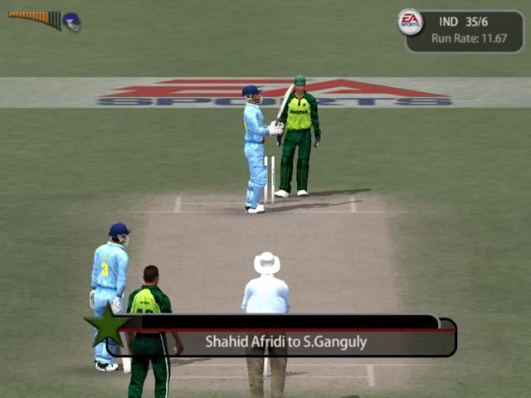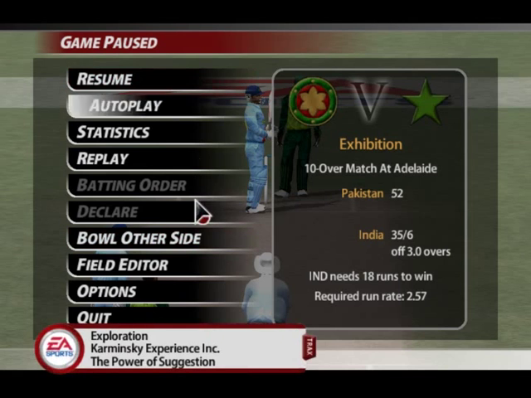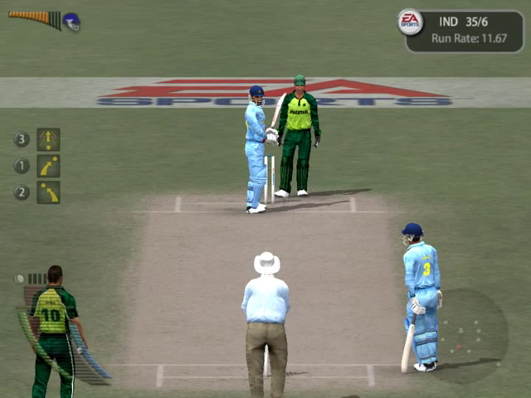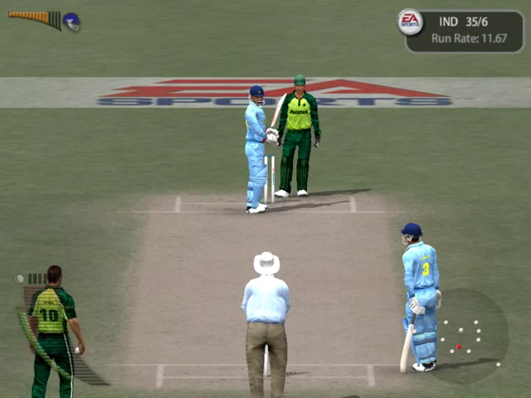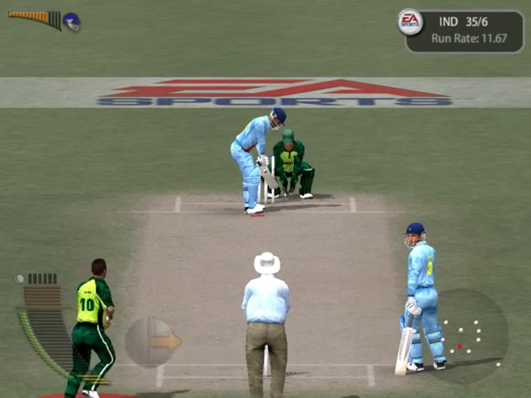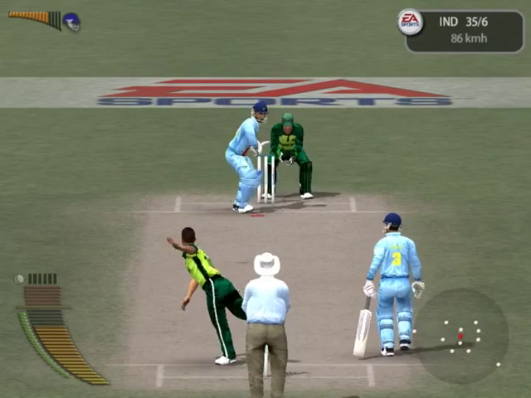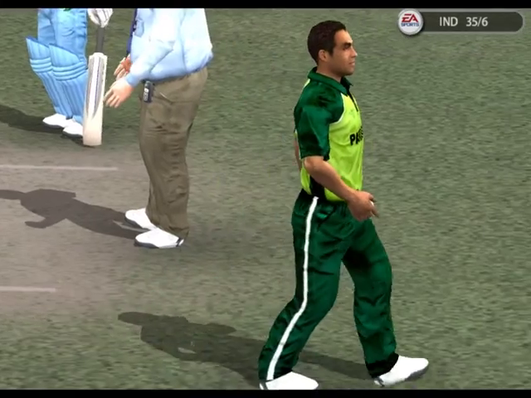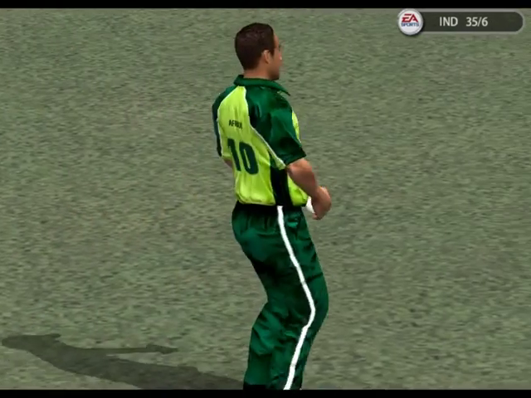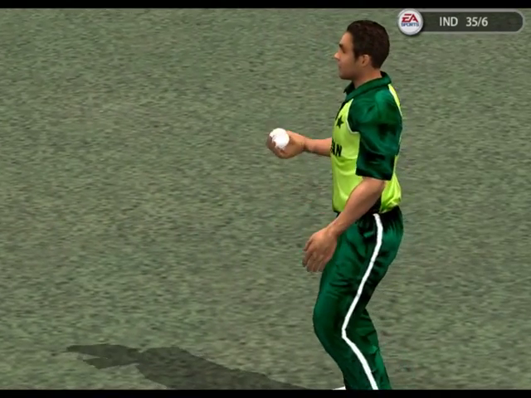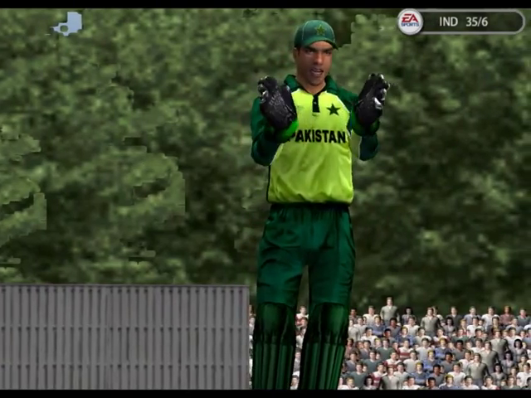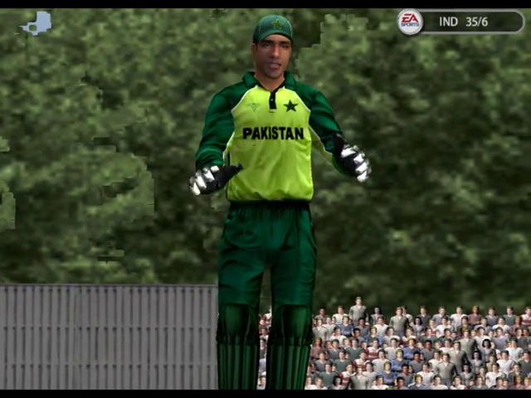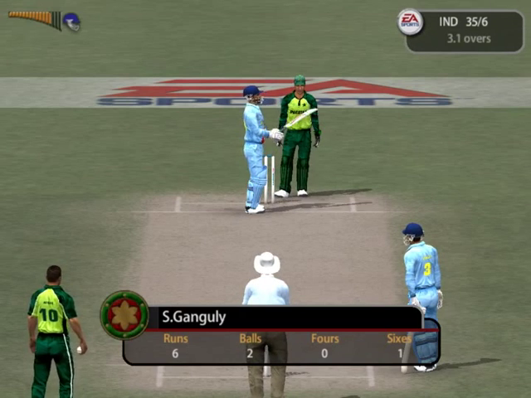Ganguly to face an over of spin. Shahid Afridi is going to try over the wicket. It's straight to a fielder. Shahid Afridi to bowl his leg spin.